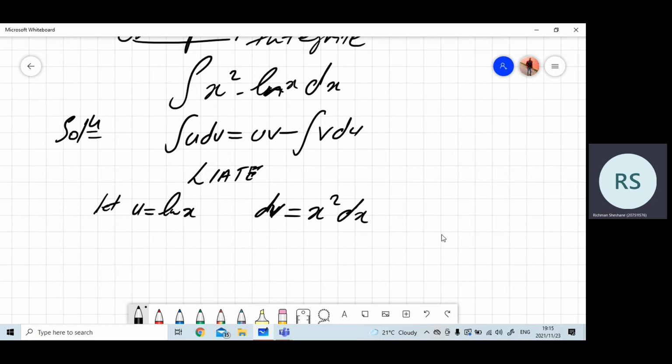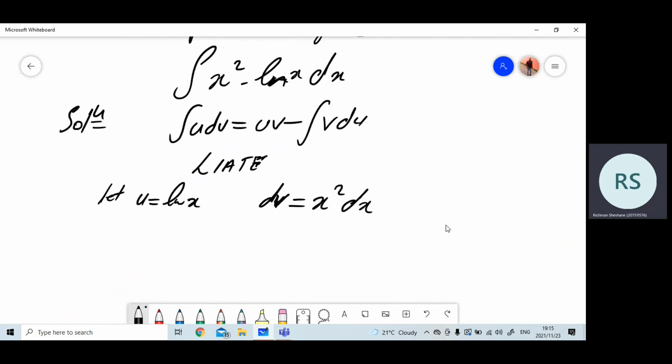After you choose u and dv, from u, find du. So du is the derivative of ln x. The derivative of ln x is 1 over x. And then always dv and du go with the dx.